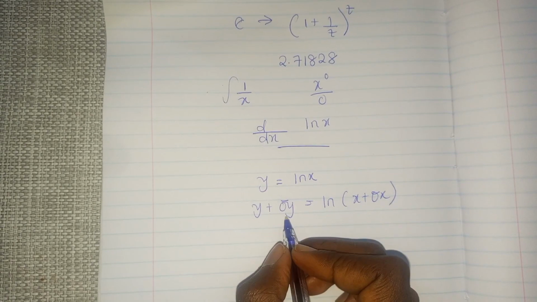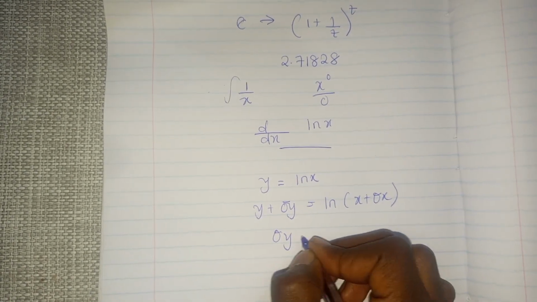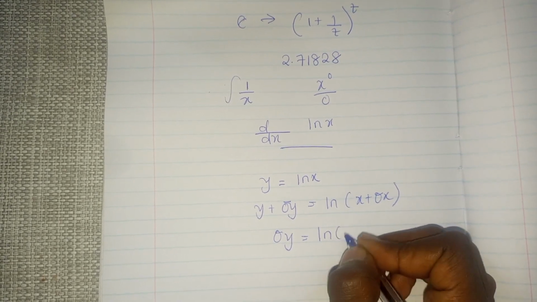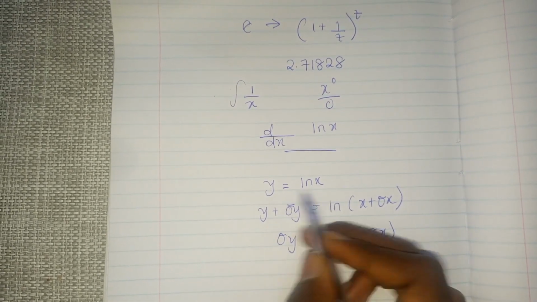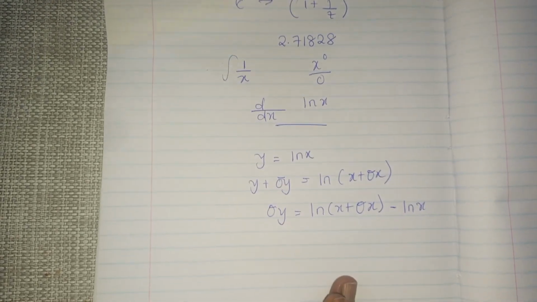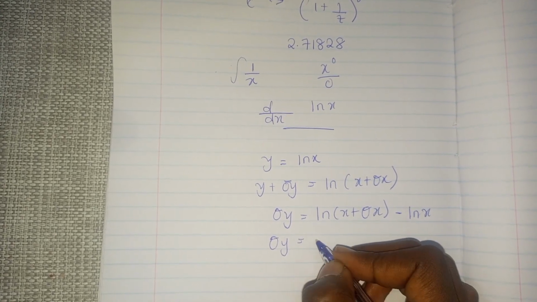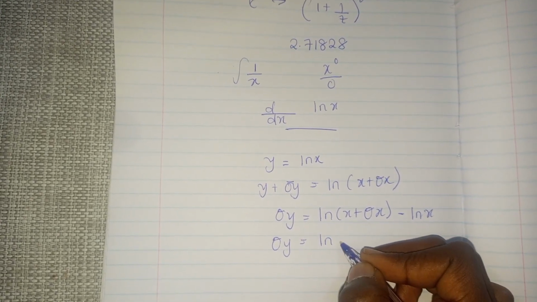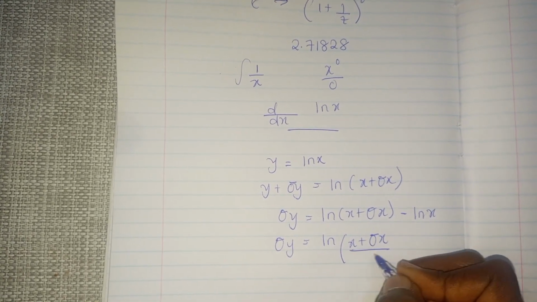So if we are to cross y over the equal sign, we know that increment y is going to be ln(x plus increment x), and then we know that y is ln x, so we can directly replace. So increment y is equal to ln((x plus increment x) over x).